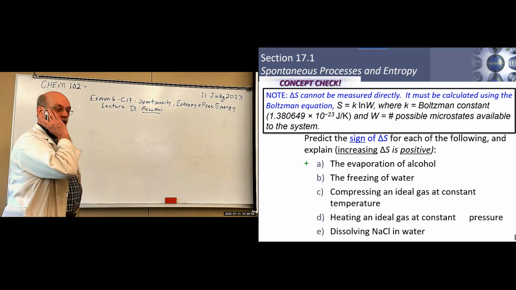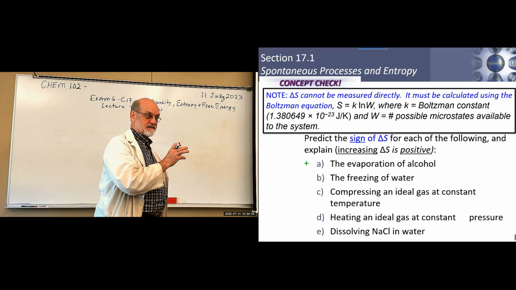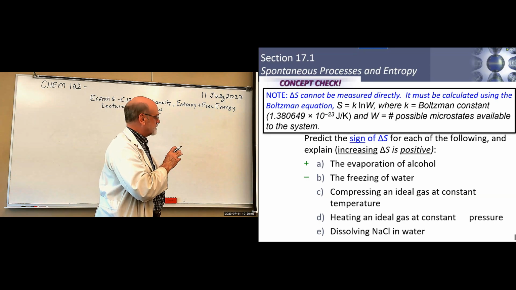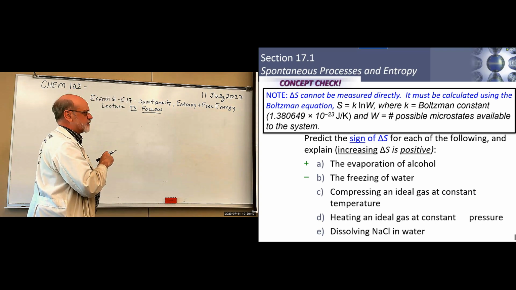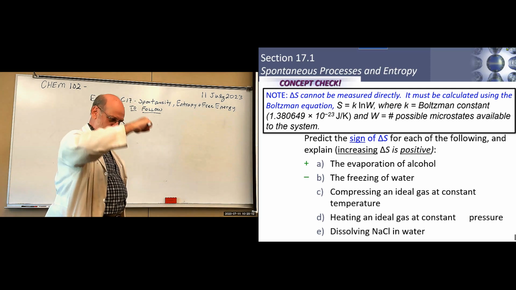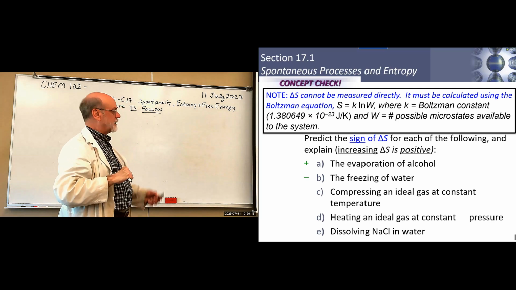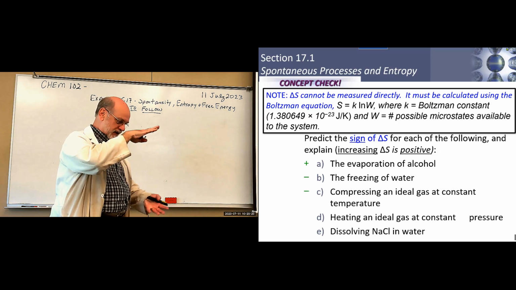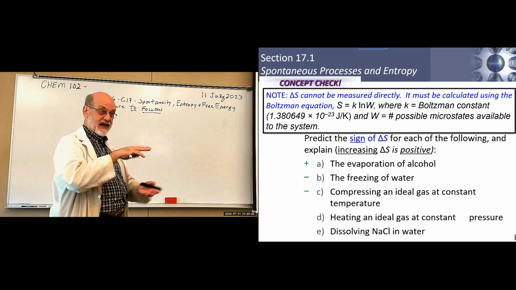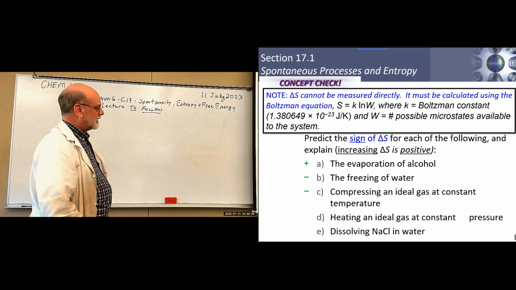Freezing of water. Water goes from a liquid to a solid. Should decrease. Compress an ideal gas at constant temperature. You're compressing it, so the entropy should decrease. You're giving it fewer microstates available. You're decreasing its volume for the same amount of gas. It doesn't have as many possible microstates. You heat an ideal gas at constant pressure.